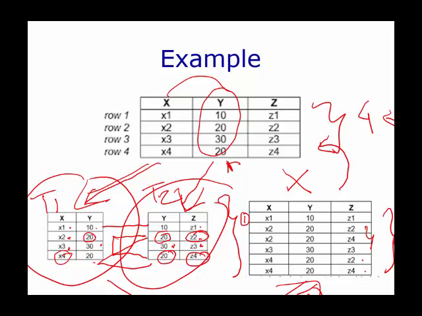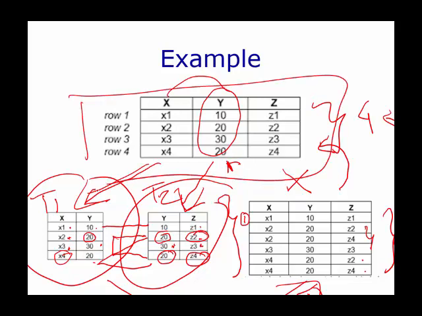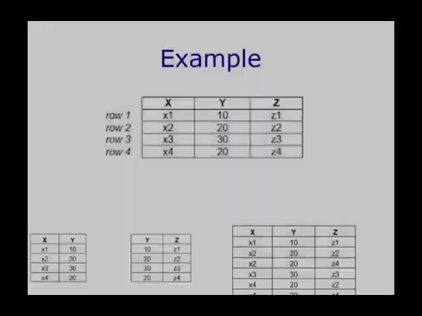So this table, we cannot decompose it. So just leave it like this. What if we change the data in one of the row attributes?